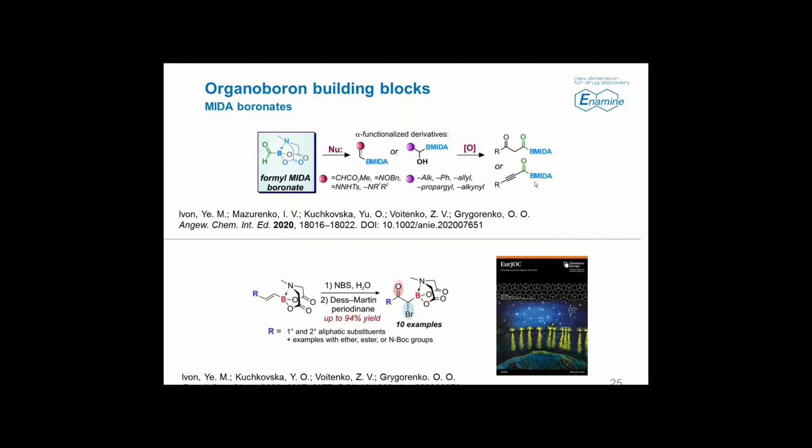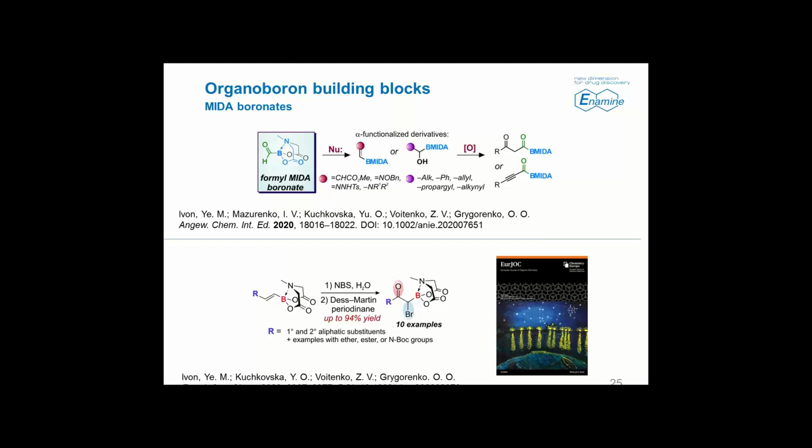The MIDA boron moiety survives under these conditions, and this was published in Angewandte Chemie in 2020. Another example is related to alpha bromo ketones containing MIDA boron moiety. These compounds were known only for some simple representatives.